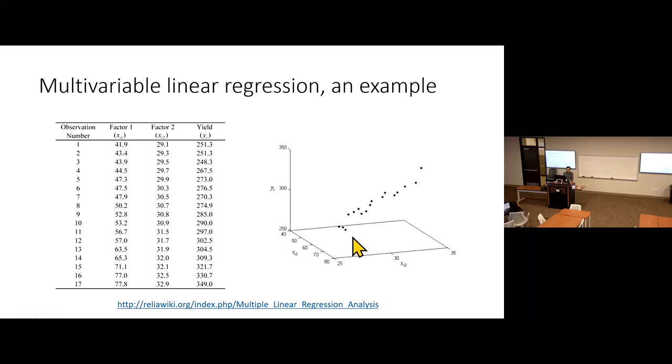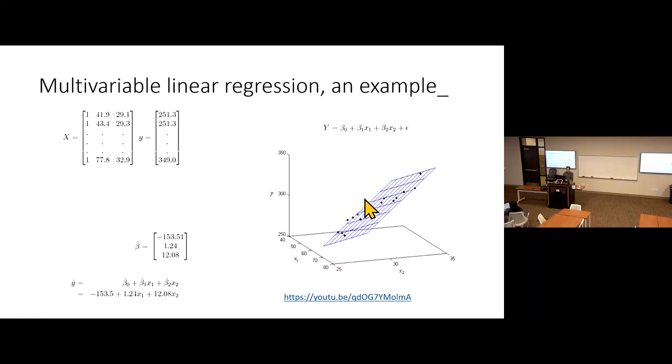Your beta will form this plane, and the beta values after training, by plugging in those, give you the minimized difference between your prediction and the overall data, okay? So that's the solution visually.